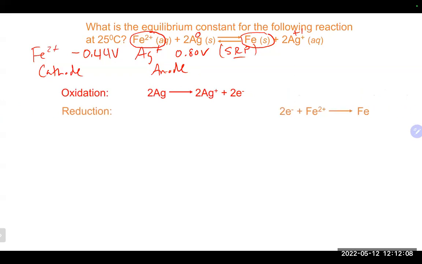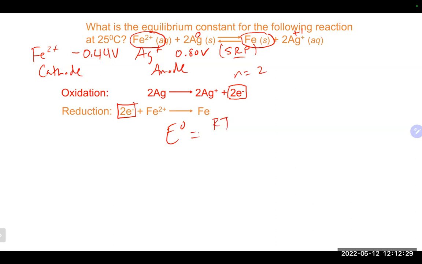That gives us those two reactions as well. When we write out our reactions and balance everything, we end up with an N value of 2 in this particular case. We're looking for K, so we use RT = nF, natural log of K, and we're solving for K. So we need to calculate E of the cell.